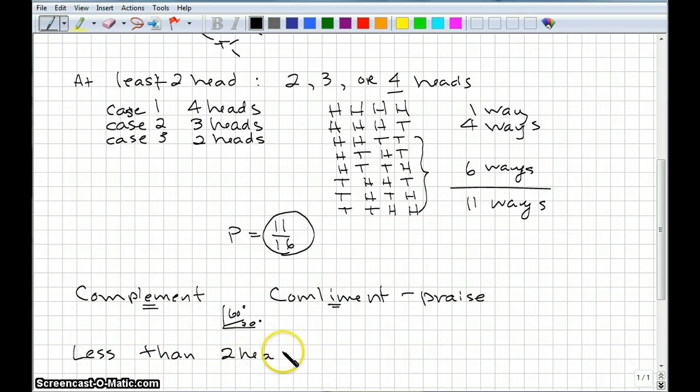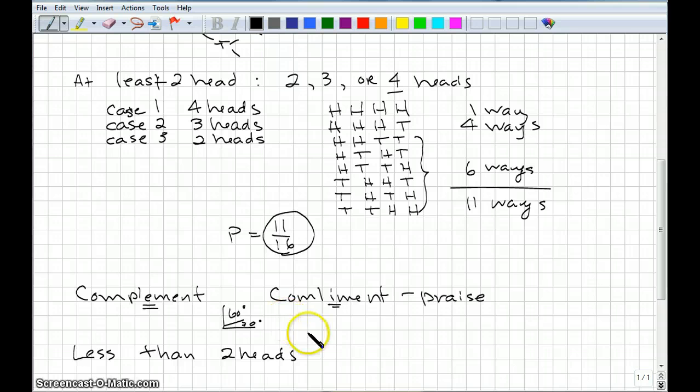That's because if we took all the cases where we have less than 2 heads and added all the cases where we had at least 2 heads, we would get all the possibilities. So if we count the complement and subtract it from the total possibilities, we'll actually get what we're looking for.